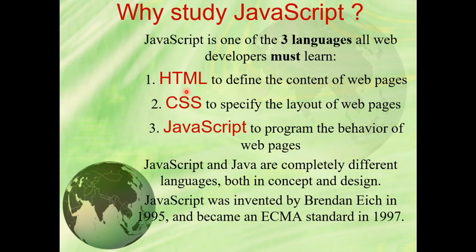For example, HTML, the content of web pages. How much content, the total structure, and coding, all of it used on a website. That is what HTML does: it defines the content of web pages.